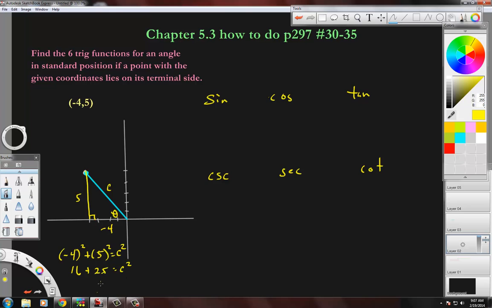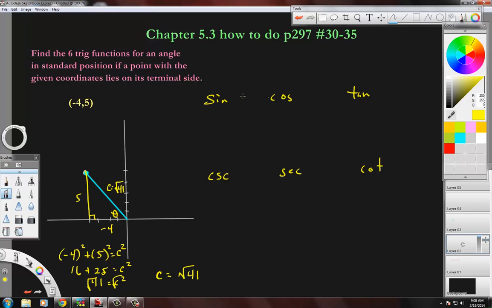We're just plowing through this. That's 41 equals c squared. So the square root of c squared would equal c. So this hypotenuse length, this c, equals the square root of 41. We'll label this radical 41.